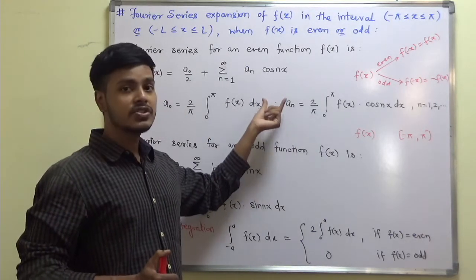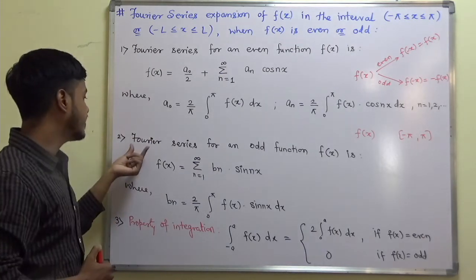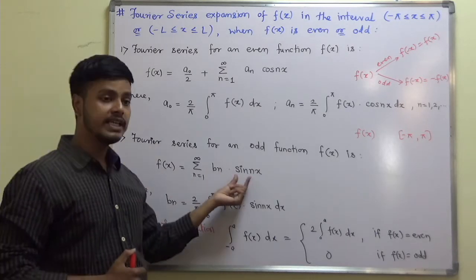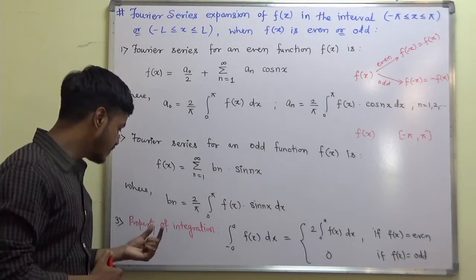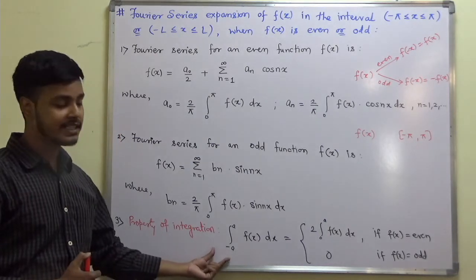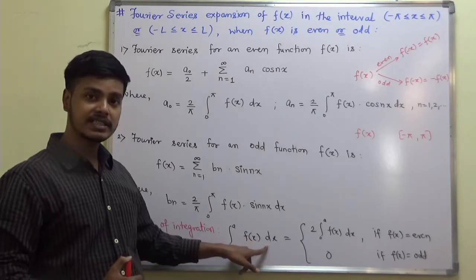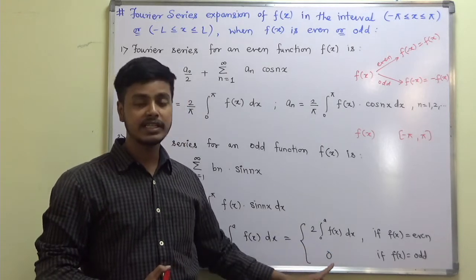In the even function, the coefficient bn is 0. Whereas in the Fourier series for an odd function, we have only bn, and a0 and an are 0. We will also be using the property of definite integration: integration from minus a to a of f of x dx is 2 times the integral from 0 to a if the function is even, and 0 if the function is odd.